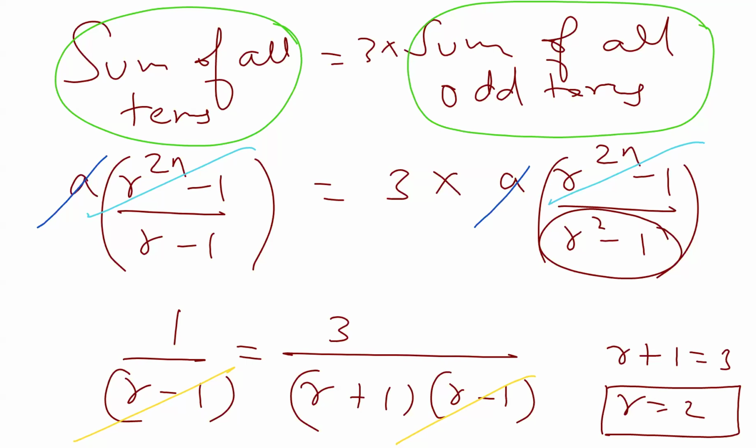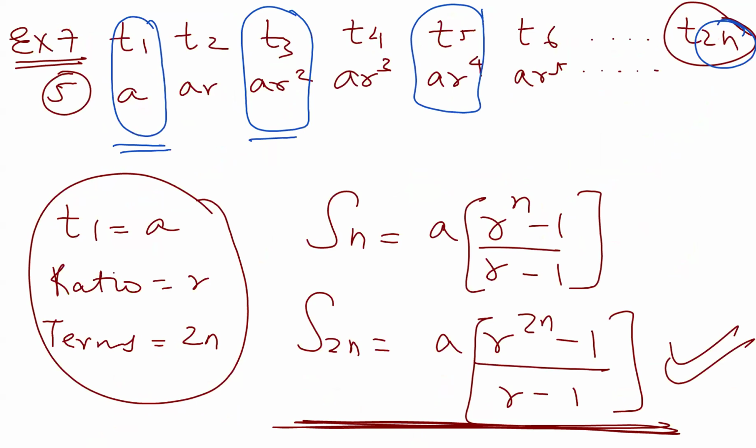Okay, so some of you are asking why we are taking 2n. See these terms T1, T2, T3, T4. The total number of terms will be an even number of terms. That means the total number of terms in the GP will be 10, 12, 14, that many. So even is always represented by 2n, right? 2 into any number will give you an even number.